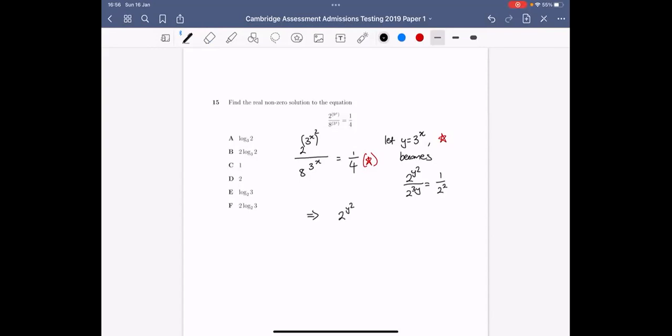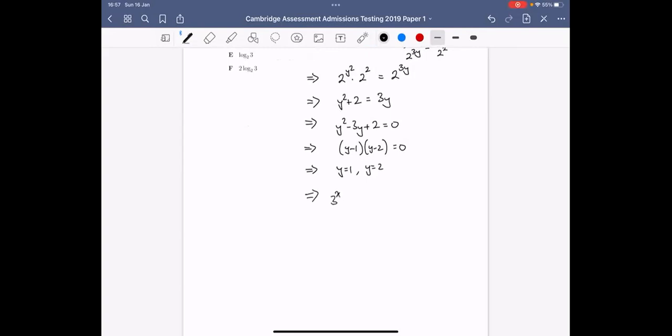You cross multiply both sides, you get 2 to the y squared times 2 squared equals 2 to the 3y, but then this means y squared minus 2 is equal to 3y. So then y squared minus 3y minus 2 is 0. This factorizes into these two linear terms. So that y is equal to 1, y is equal to 2.